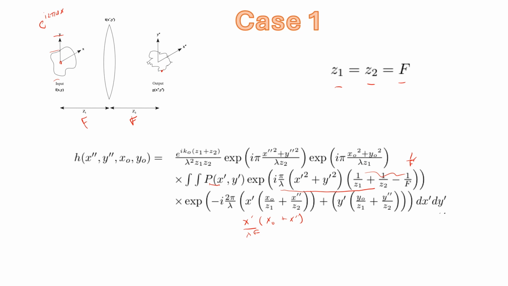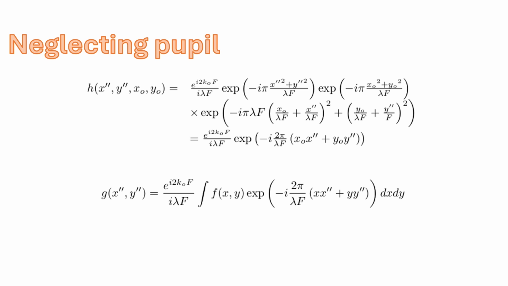Now, the Fresnel kernel is going to be oscillating at a very high frequency, and the pupil function we assume is a fairly smooth function. So we can neglect the impact of the pupil here to say that the impulse response between the input at the front focal plane and the output at the back focal plane has this form. So a simple Fourier transform kernel. What's happened here is that the Fourier transform of the Fresnel kernel is a Fresnel kernel.